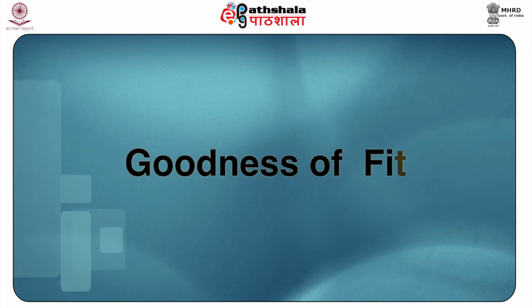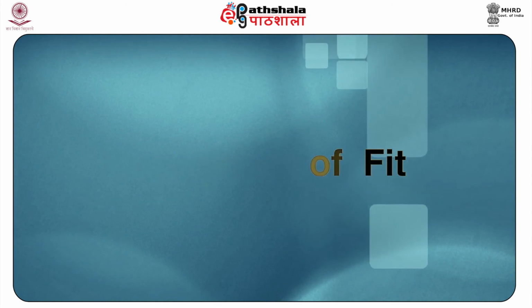Let us now try to understand the goodness of fit. In the simple regression model, R square was defined as the variation in the dependent variable explained by the variation in the independent variable. That is, R square is equal to explained sum of the squares, that is ESS, upon total sum of the squares, which is TSS.